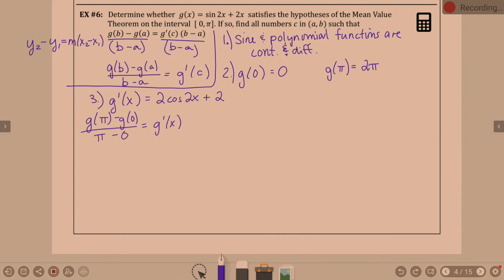If this works, that x value will be c, if we find something. I already found g prime and g of 0.